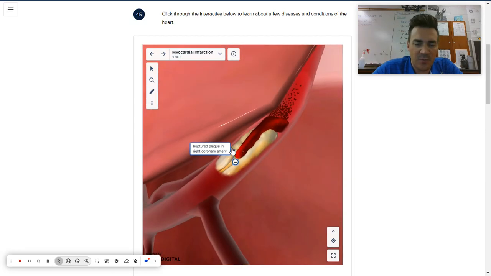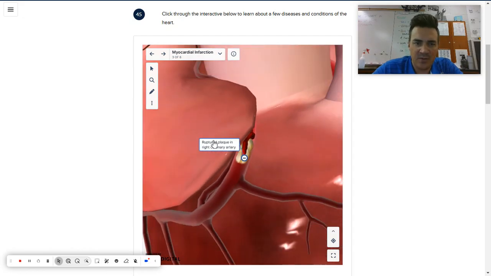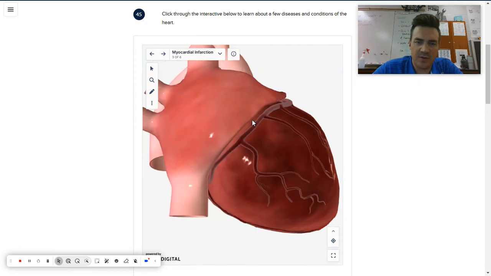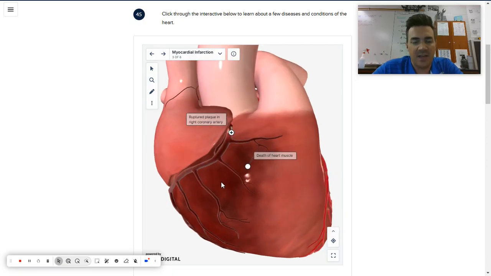So you get a complete blockage of the blood vessel, and that causes the death of this heart tissue. These coronary arteries, as a reminder, their job is to supply oxygen and other nutrients to the heart muscle itself. And if one of those arteries gets blocked up, then you get death of that muscle.